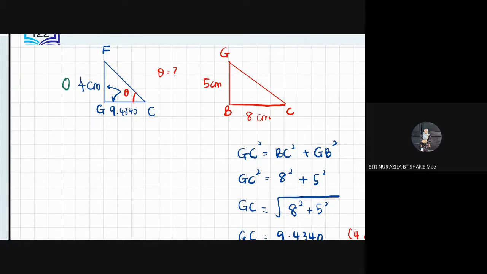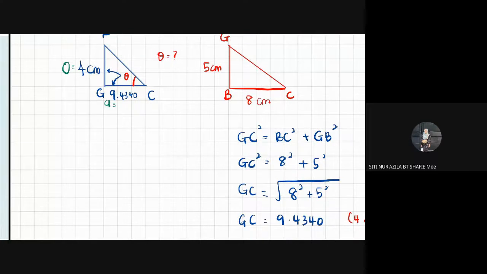You have O, and then here we have A. To solve this question, O and A, which formula? Sin, cos, or tan? Anyone? Tan. Okay, good. Tan. Okay, use tan to solve this one.